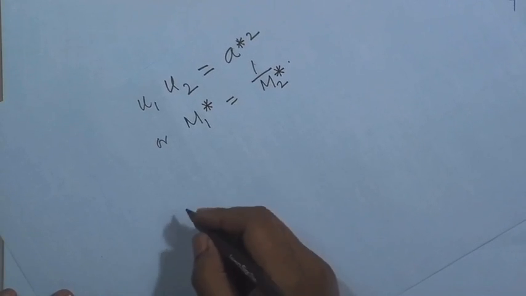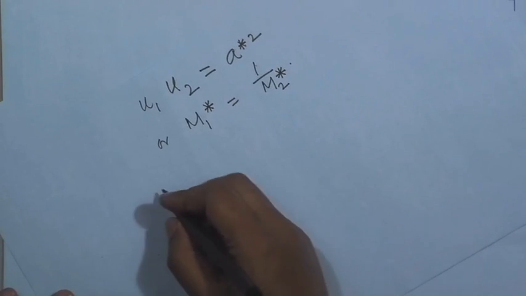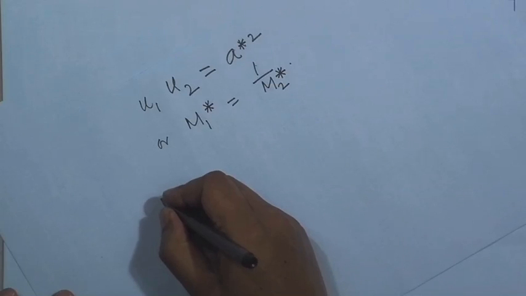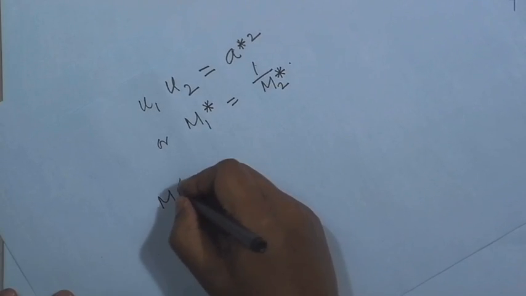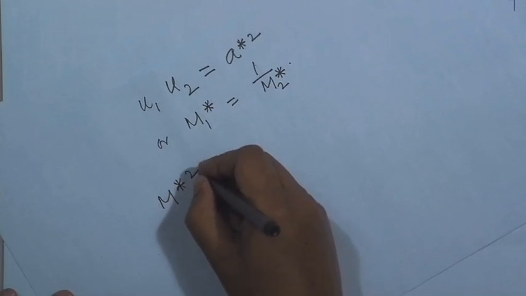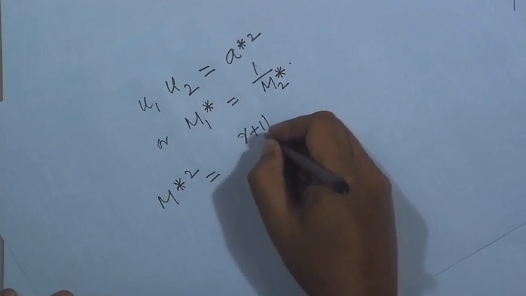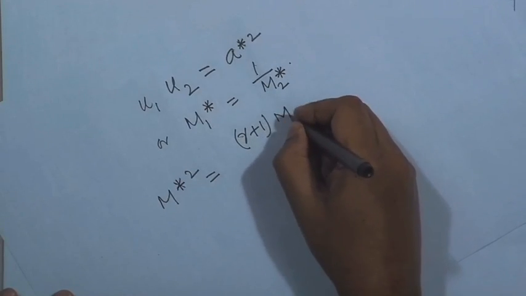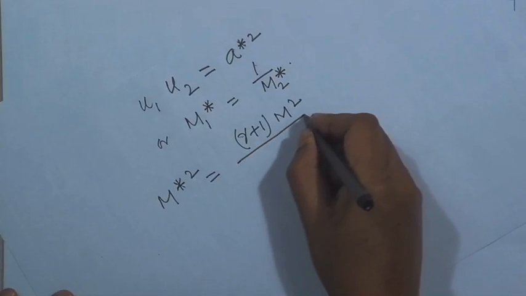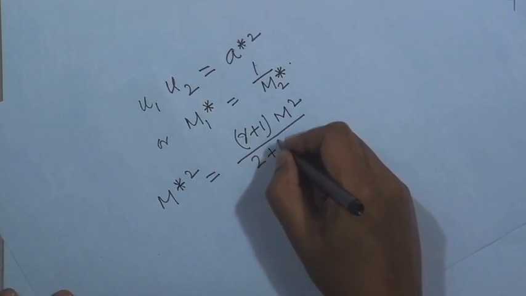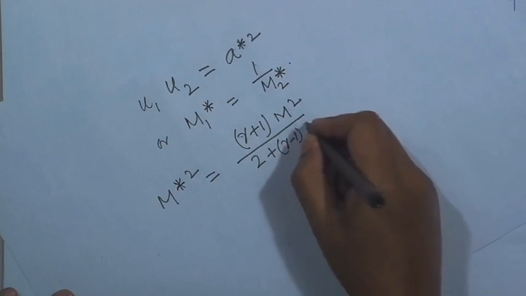Using the relationship between the speed ratio and the local Mach number, which you have already derived and is given as M star square equals gamma plus 1 M square by 2 plus gamma minus 1 M square.